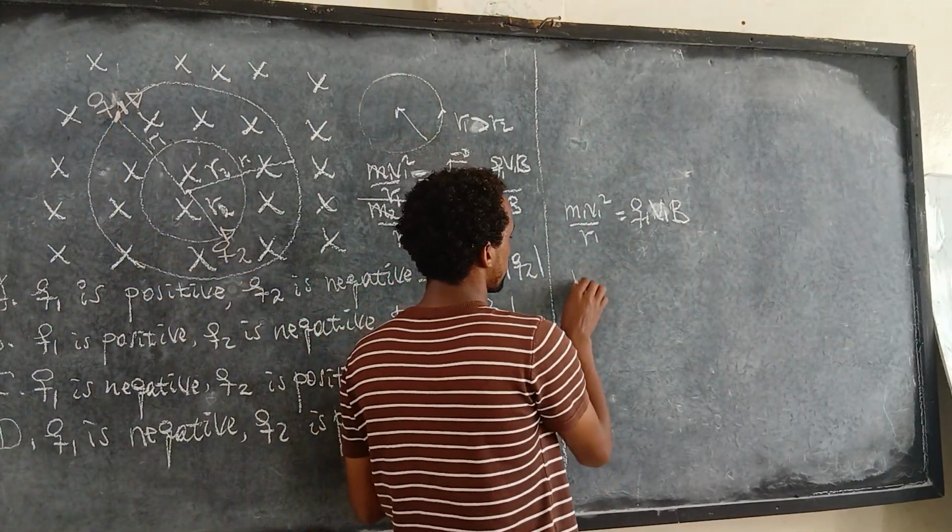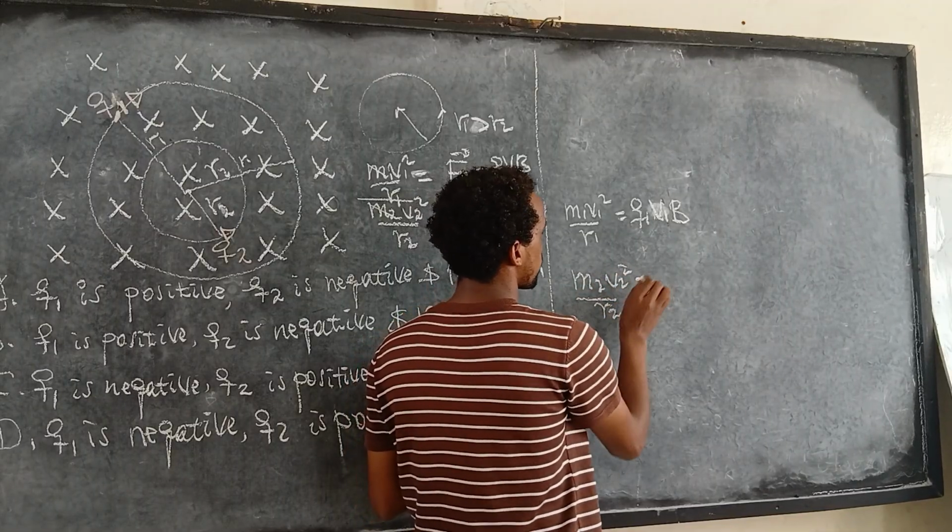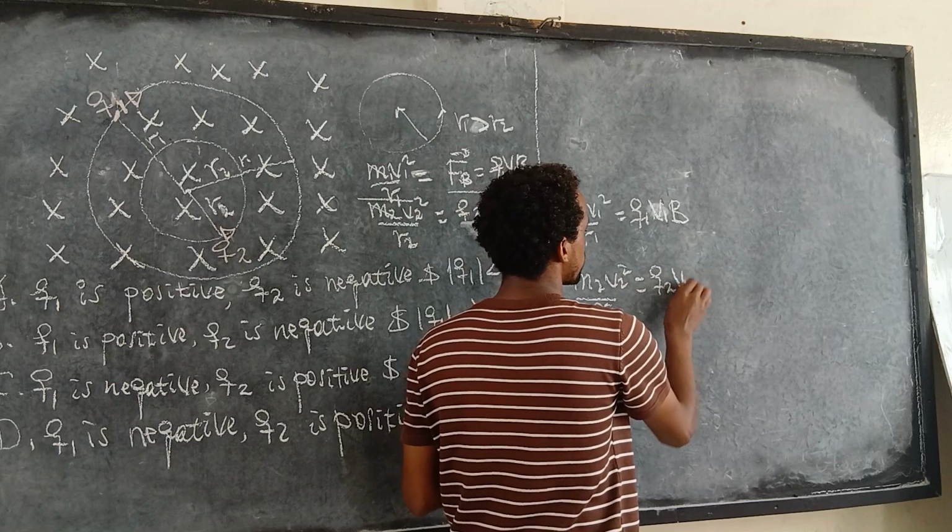And for this one, mass 2 V2 squared over R2 is equal to Q2 V2 B.